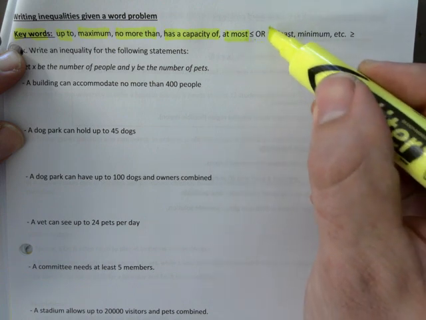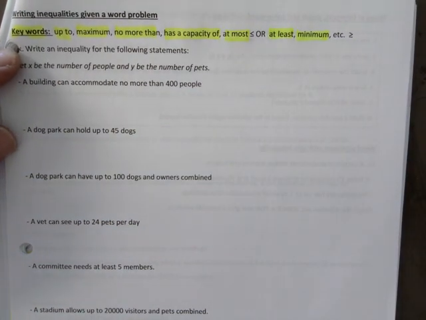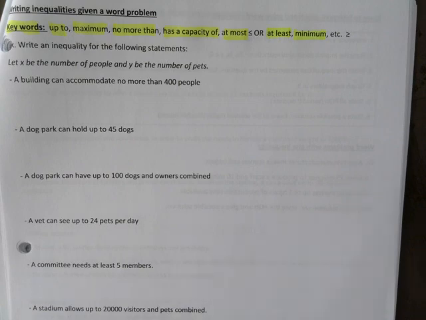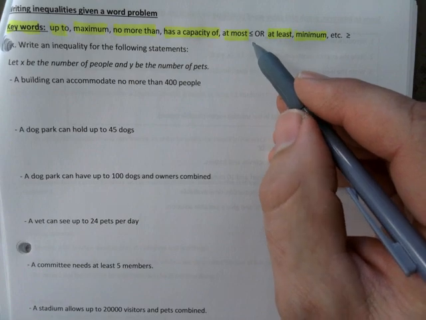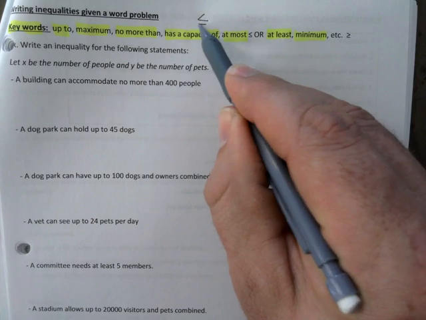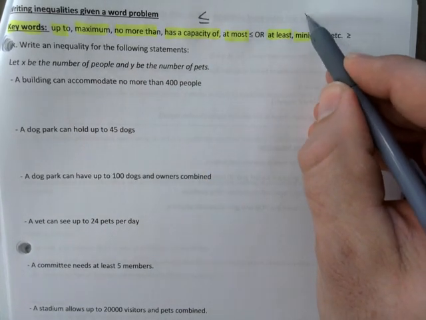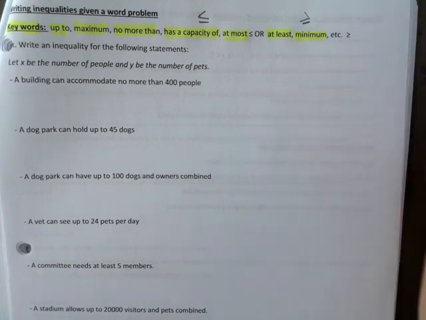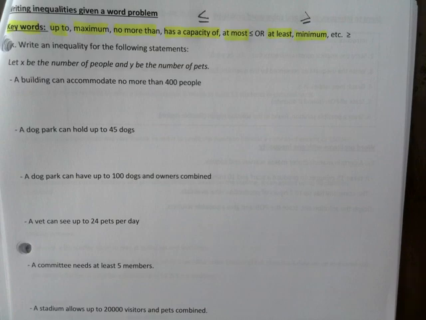Or if you have at least, minimum, etc., you would have greater than or equal to. I feel like this wasn't done very well, but all these words would have this inequality, and all of these ones would have that inequality. And these aren't all of them, but it covers most, right?